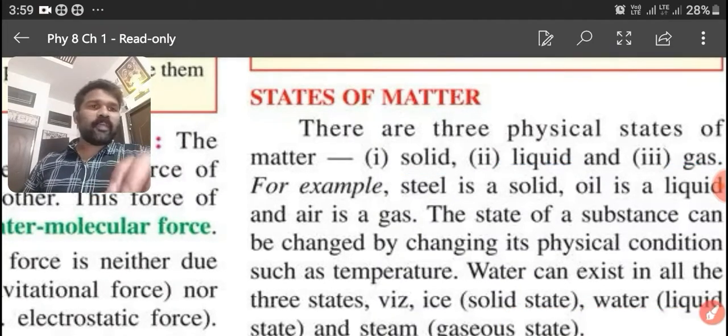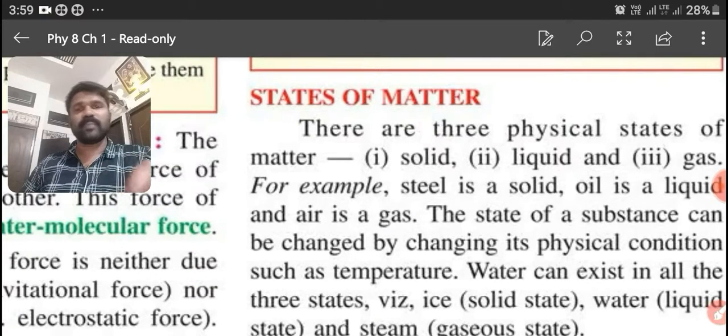The state of a substance can be changed by changing its physical condition, such as temperature. The state of a substance can be changed by increasing or decreasing the temperature. Water is a familiar example.